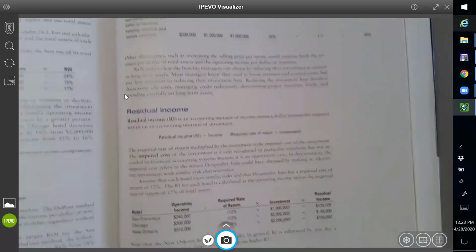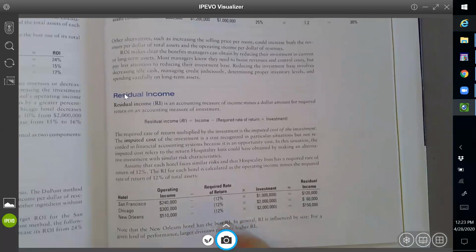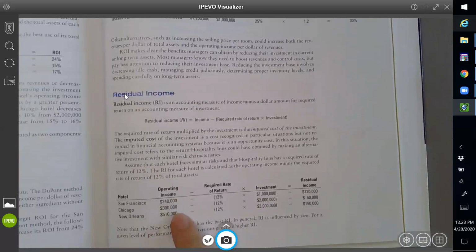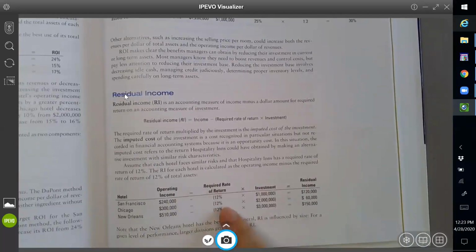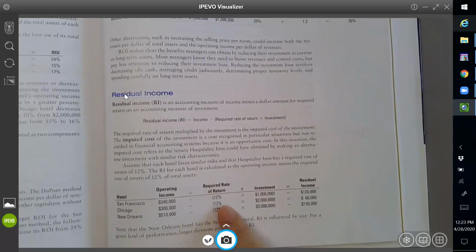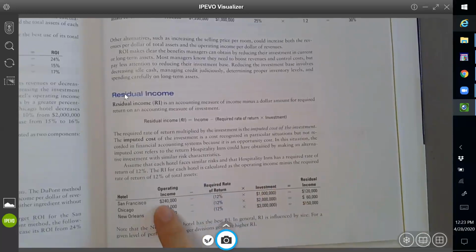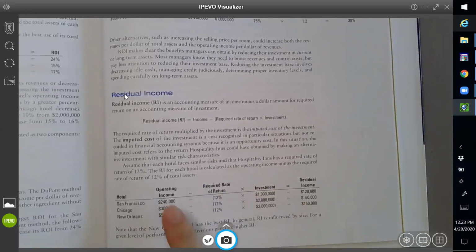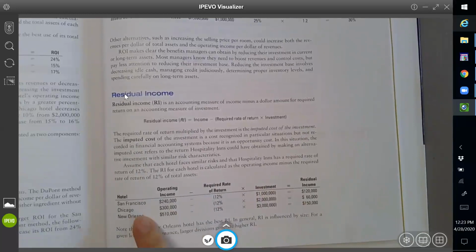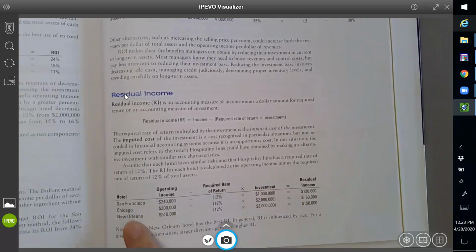You say, I want to look at some examples. So remember, they have the absolute income. The question will tell you the required return is 12%, and the investment is your total assets. So not all of the 200,000 belongs to San Francisco, not all the 300,000 belongs to Chicago, not all the 510 belongs to New Orleans.